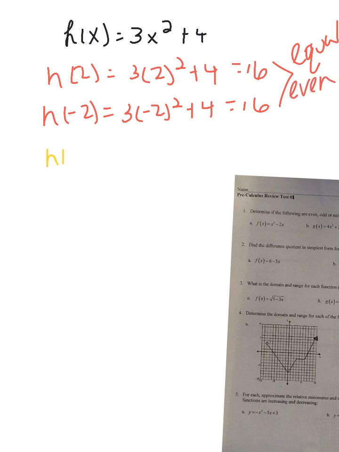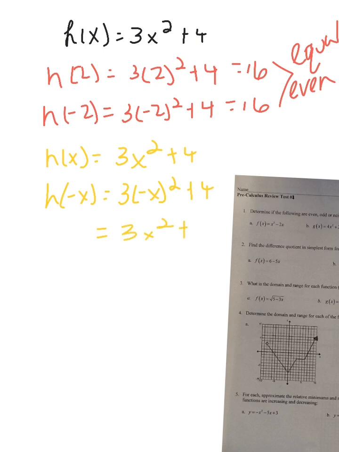All right, algebraically. So h of x is equal to 3x squared plus 4. H of negative x is equal to 3 times negative x squared plus 4. So negative x squared is x squared times 3 is 3x squared plus 4, you could see we get the same exact thing. This is the same as that.